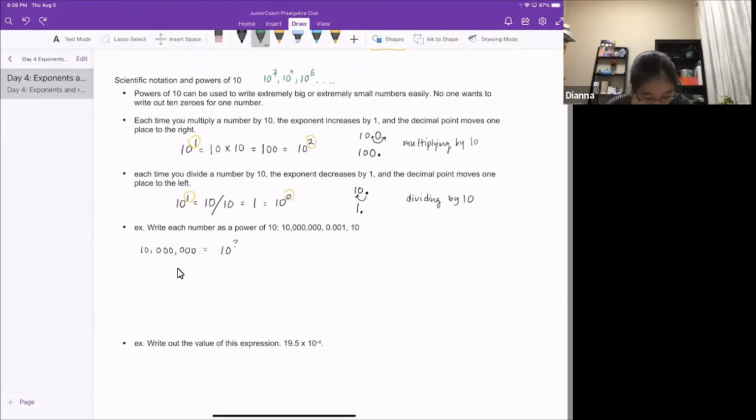So let's count. First my decimal point was here. That's 1 time, 2 times, 3 times, 4 times, 5 times, 6 times, 7 times. So I multiplied by 10 seven times in order to make 10 million. That question mark is going to be 7.